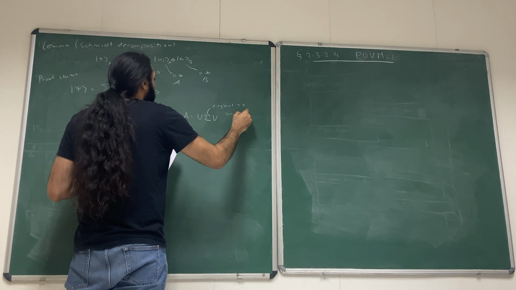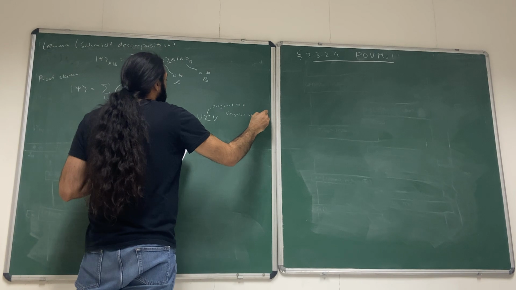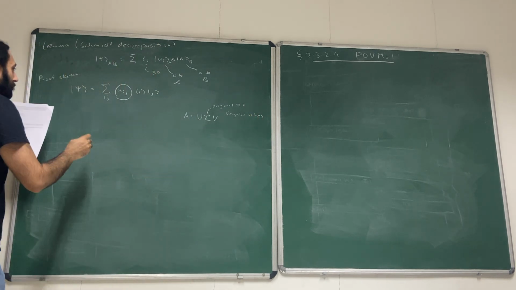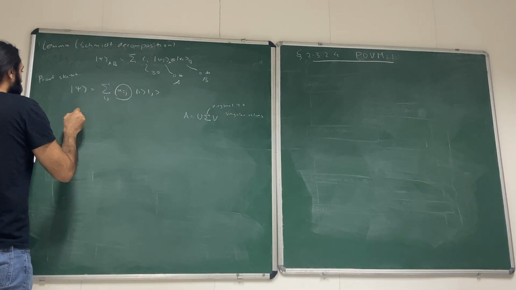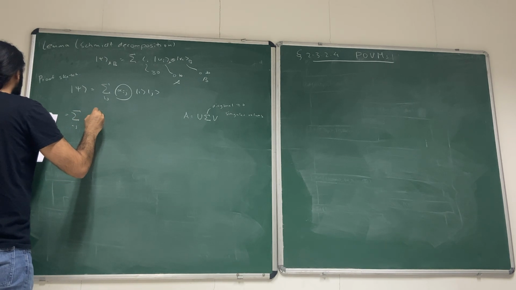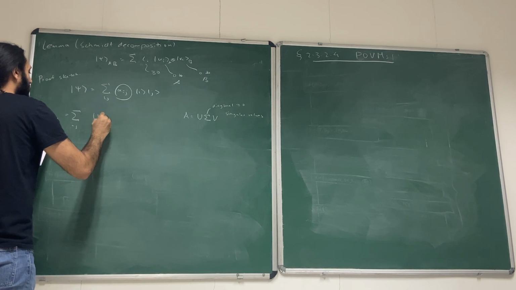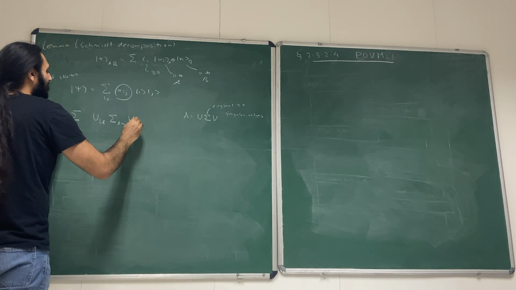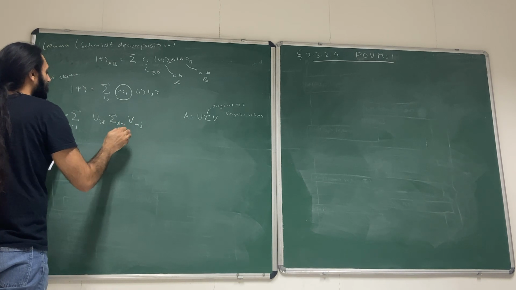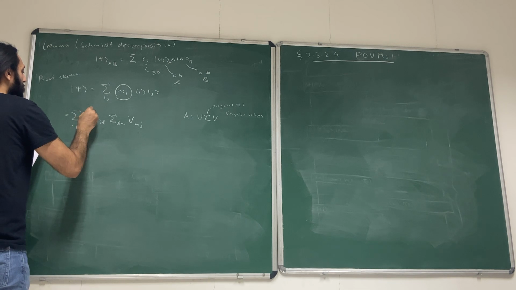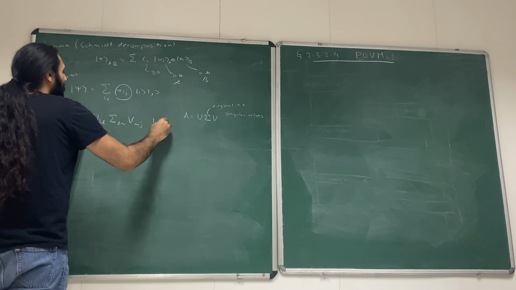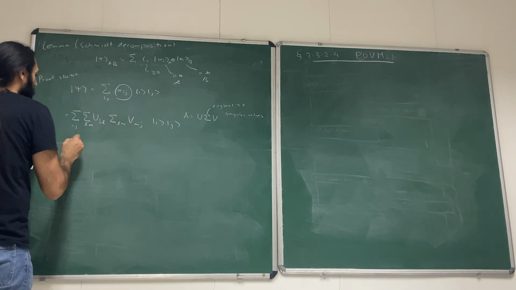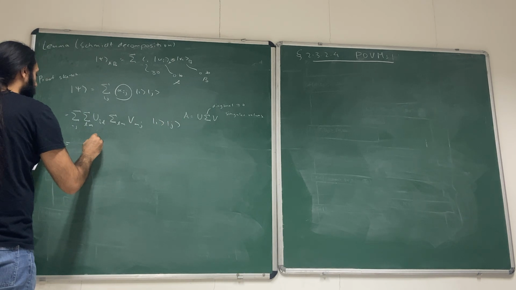Now one can easily check that one can write the sum over i, j of U_il sigma_lm V_mj, so this is just expressing the matrix elements, and the sum is over l and m.